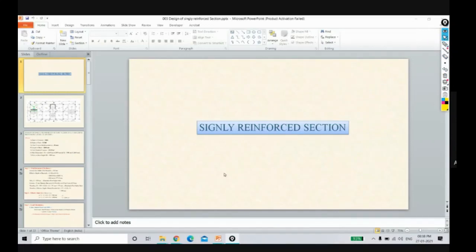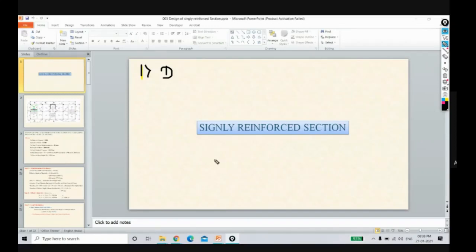But I will try to focus on some points. First point: why is a doubly reinforced section required? If there is any restriction in the depth, then in design we will discuss how to decide between singly and doubly reinforced sections.